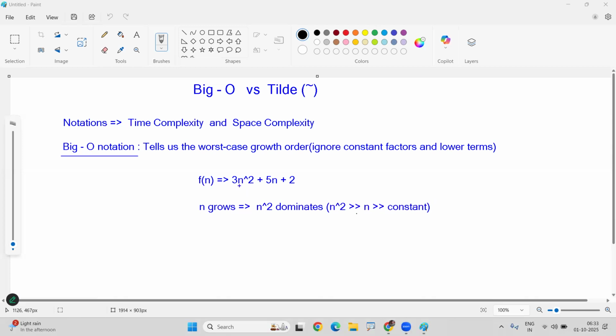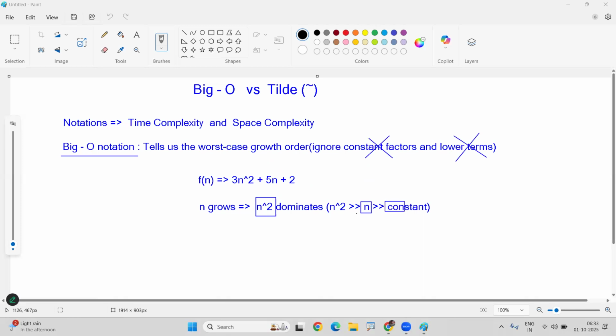If n value is 2, it affects this one and this one also, because the values are very small. But suppose you take n value as 100, compared to n square, 100 square, the 5 into n is negligible. So no need to consider that. That's why in big O notation, we always take only the growth order. We never consider the lower terms, that is n, as well as the constant factors.